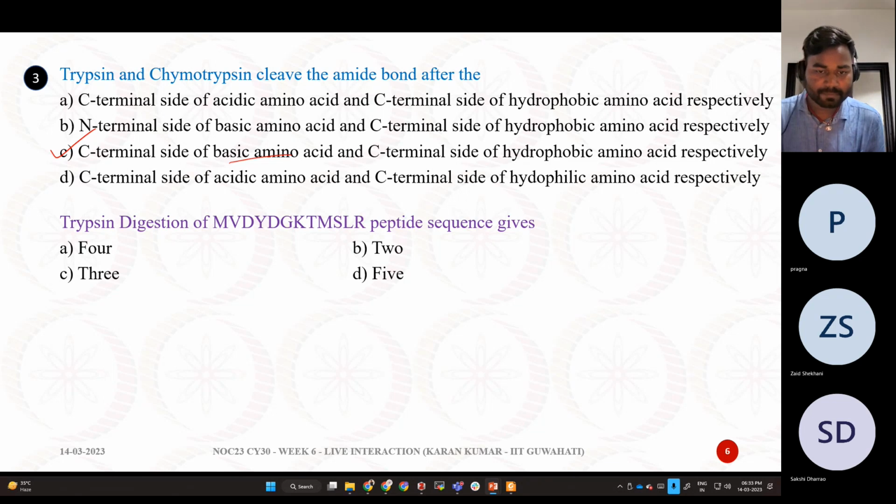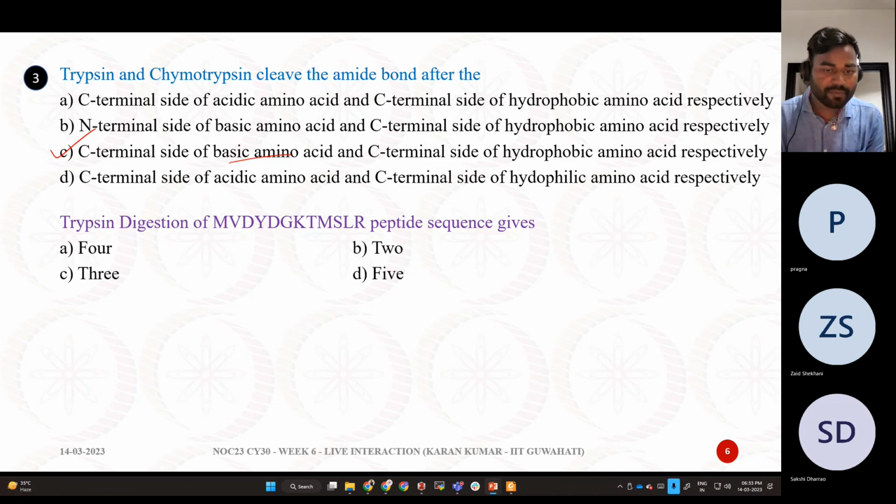How many? Two. Why? How many basic amino acid residues are there? Lysine and arginine. K for lysine, R for arginine.